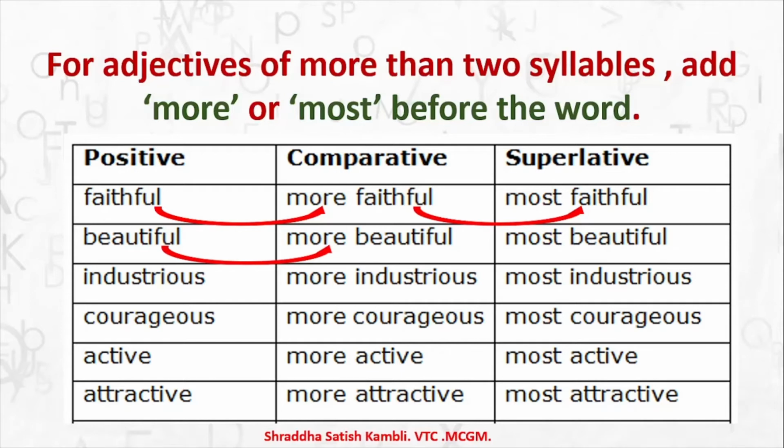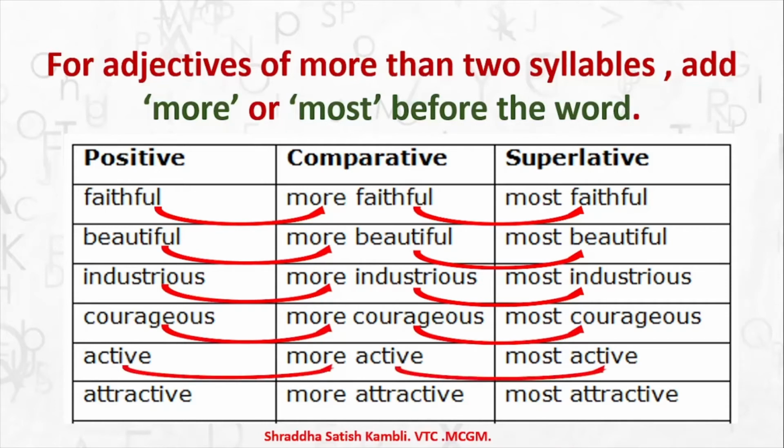Beautiful, more beautiful, most beautiful. Industrious, more industrious, most industrious. Courageous, more courageous, most courageous. Active, more active, most active. Attractive, more attractive, most attractive. So when adjectives have more than 2 syllables, you add more or most before the word.